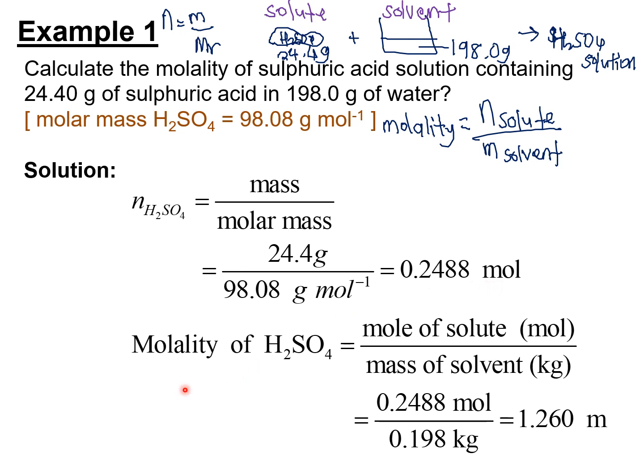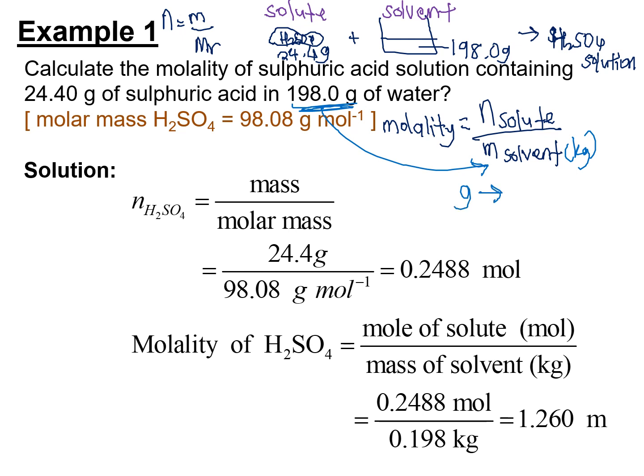Nak kira molality of H2SO4, number of mole of solute kena divide by mass of solvent in kilogram. Okay, tadi mass solvent yang dia bagi adalah in gram. So since you need to use it in kilogram, okay, so you kena bagi by 1000. Okay, sebab dia nak in kilogram.